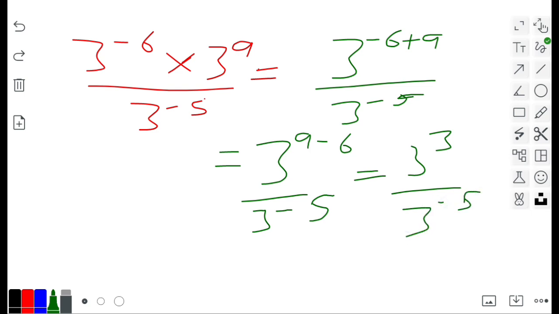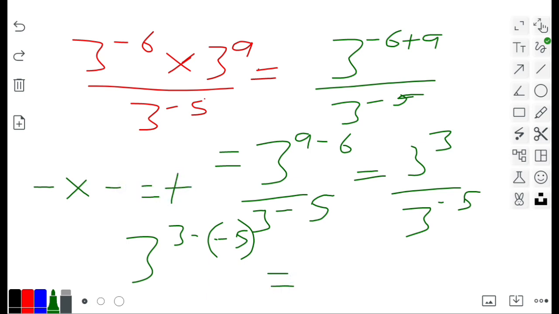So if I want to express my answer, I'm going to be having 3 raised to the power of 3 minus minus 5. I'm going to put this in brackets. And don't forget, minus times minus is equals to what? To plus. So my final answer is going to be 3 raised to the power of 3 plus 5. And 3 plus 5 is going to be 3 raised to the power of what?